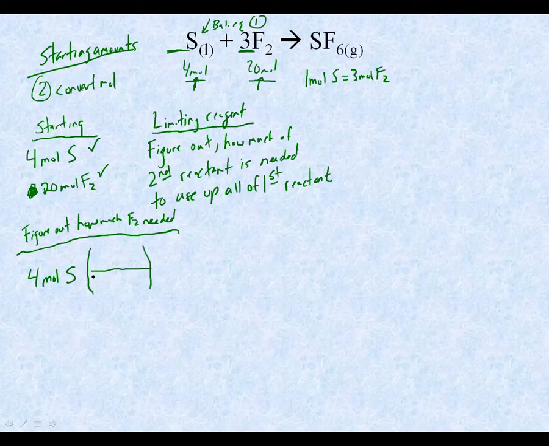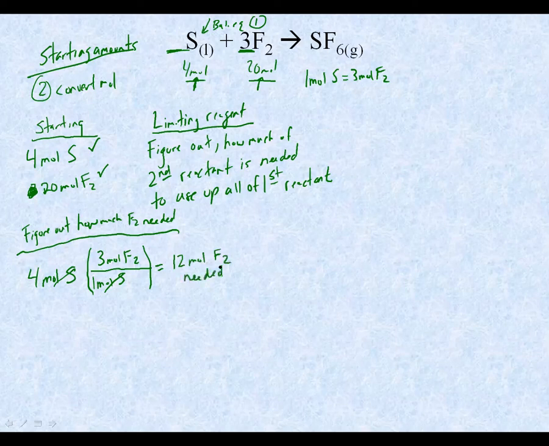From the equation, 1 mole of sulfur gives us 3 moles of F2. The moles of sulfur will cancel. And this will tell us that if we want to use up all of the 4 moles of sulfur we started with, 12 moles of F2 is needed.